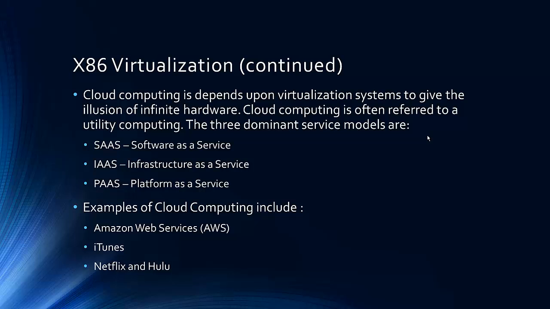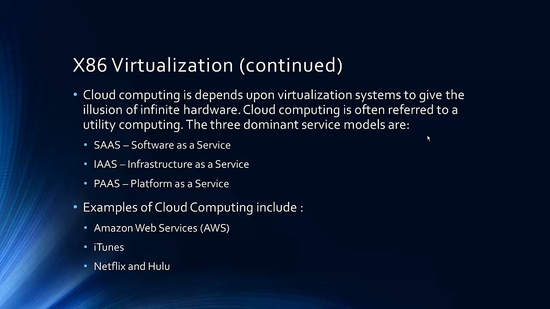You're not interested in how the power was generated or transmitted or how it got to your house or the details of the wiring. You simply want to know that when you turn on that switch, your light will come on. And that really is the same sort of paradigm that's applied to utility or cloud computing. And virtualization is the technology that allows cloud computing and utility computing to provide the services that we've become familiar with.